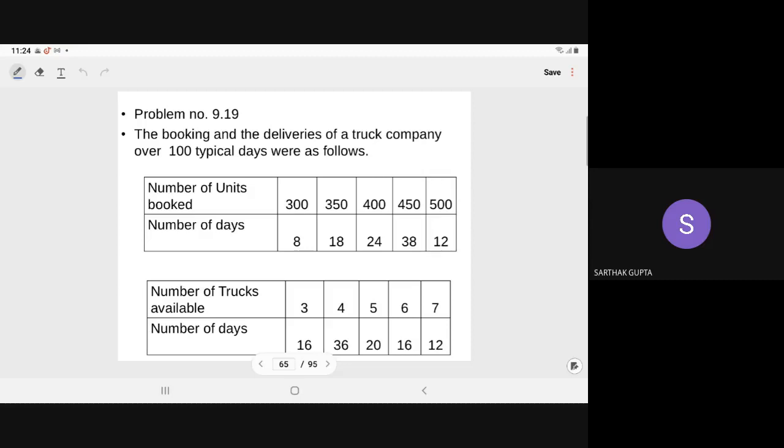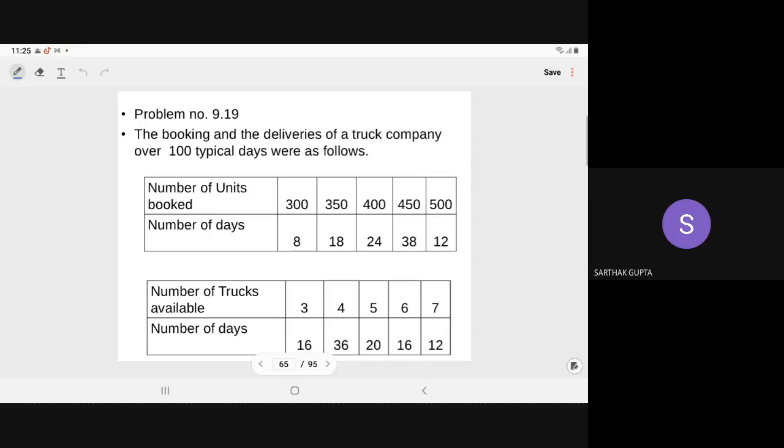Let us have an example of supply chain management. Here we have problem 9.19 from the book. The booking and deliveries of a truck company over 100 typical days were as follows. This is an example of transshipment, or you can say transportation.